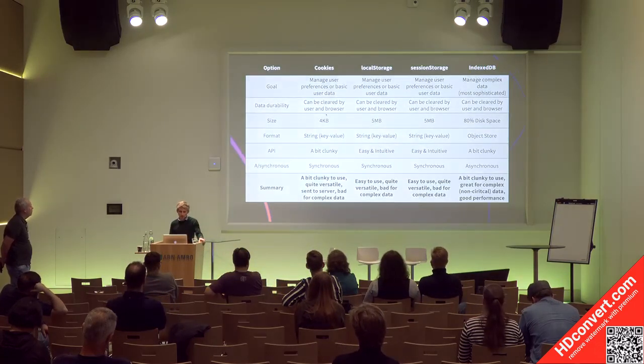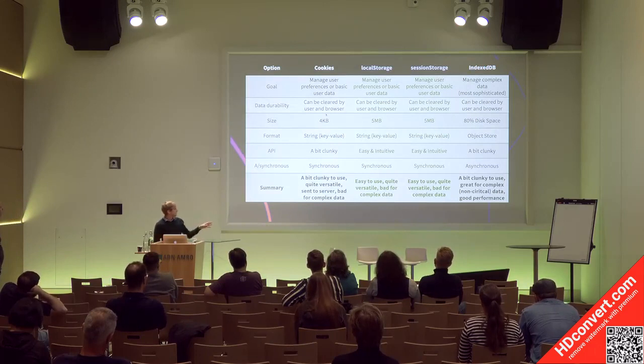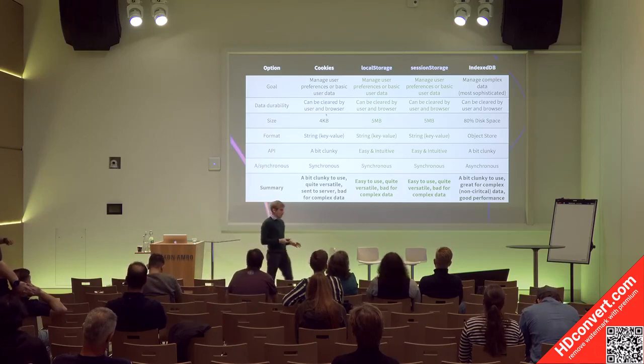Summary, I have a table to summarize. Basically, local storage and session storage are the same, just the storage per session is different. You might use all of them to manage user preferences.